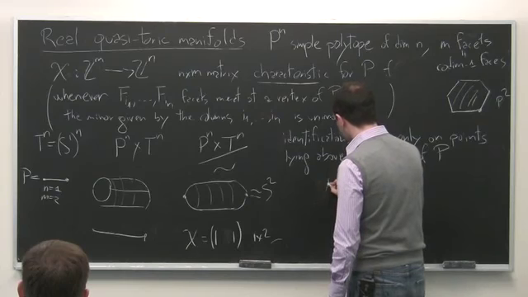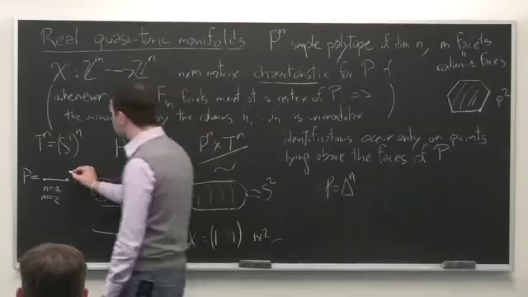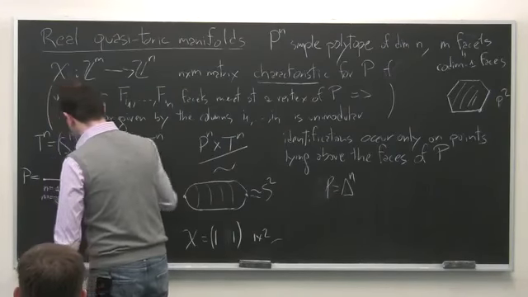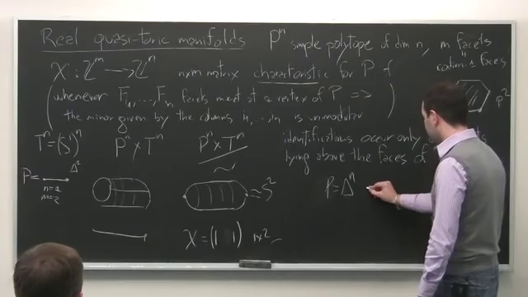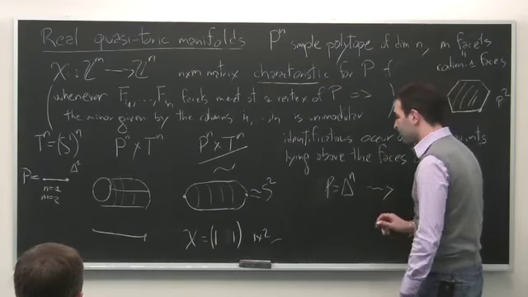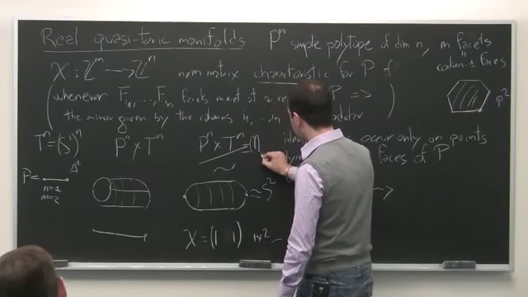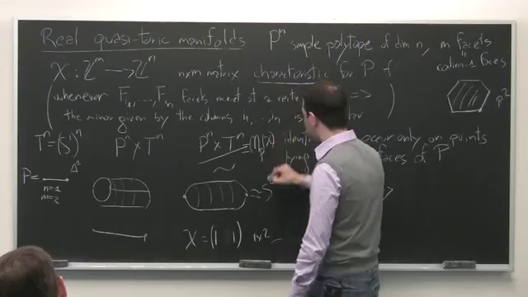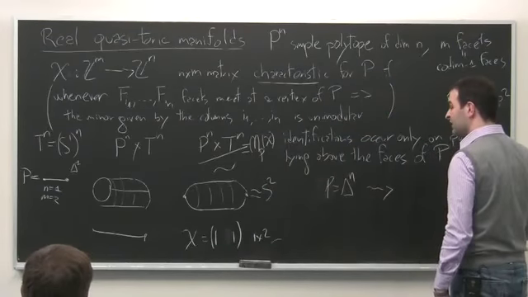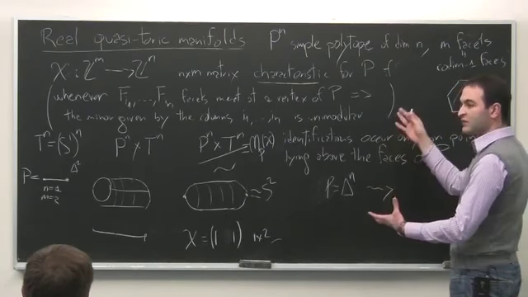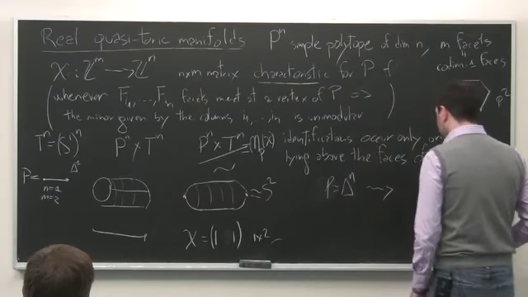Let me write it this way. If the polytope is an n simplex, and we can think of this as the one simplex, then over the n simplex, there's only one. Actually, let me also add one extra piece of notation. I will call this M_P of chi. So it depends on the polytope and on the particular characteristic matrix. So over a polytope, there might be different characteristic matrices, and then different manifolds, quasi-toric manifolds.